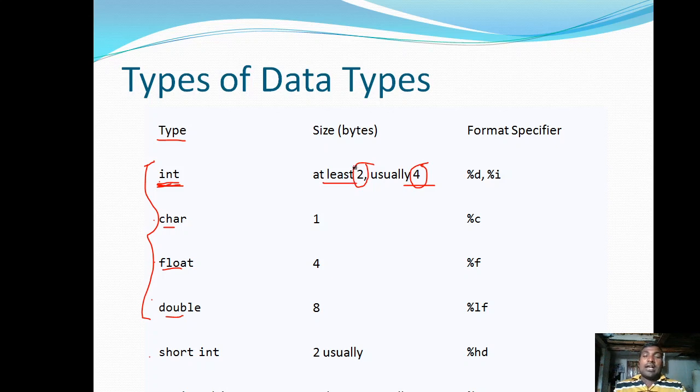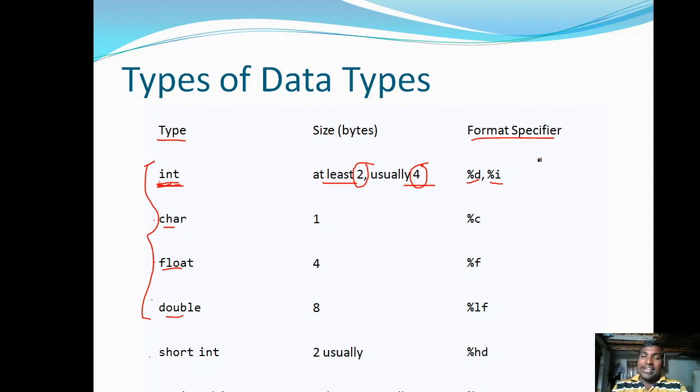Okay. And one thing you need to remember is that the format specifier associated with integer is either %d or %i. Generally, we use these format specifiers to handle input and output operations.